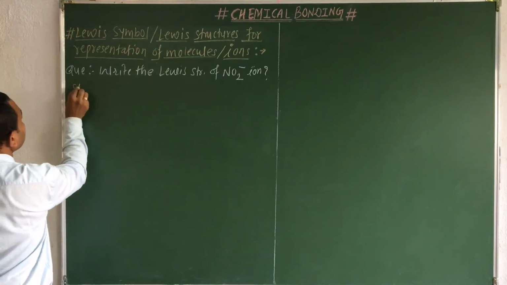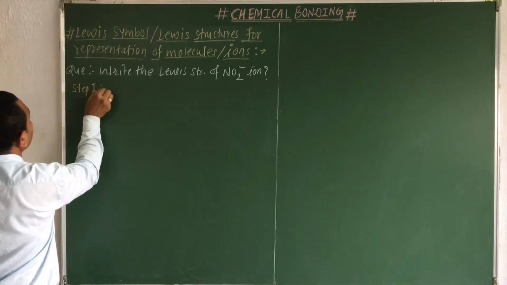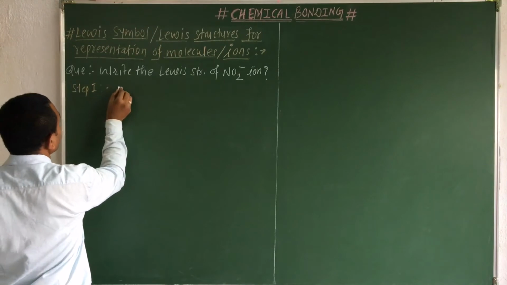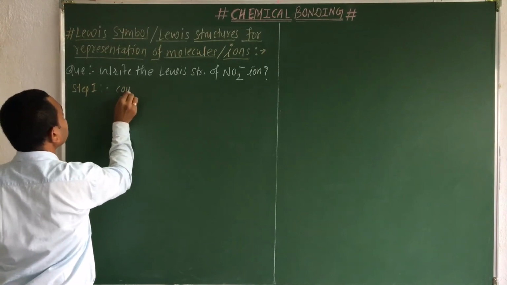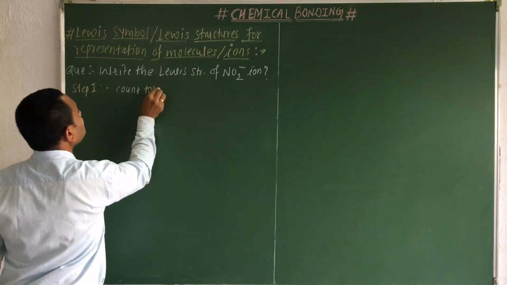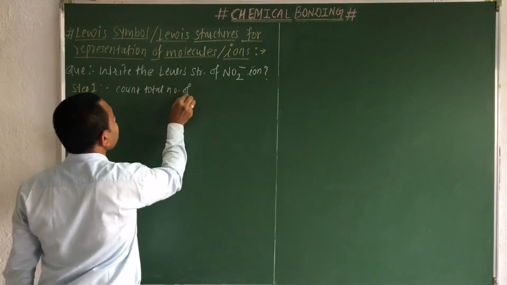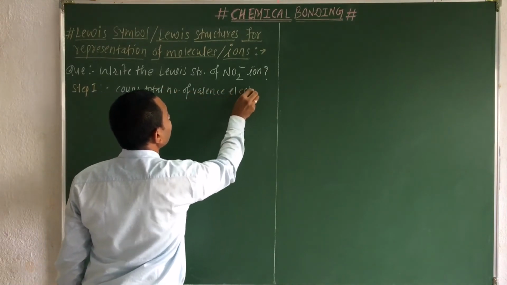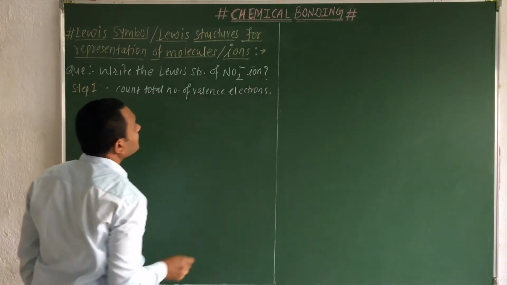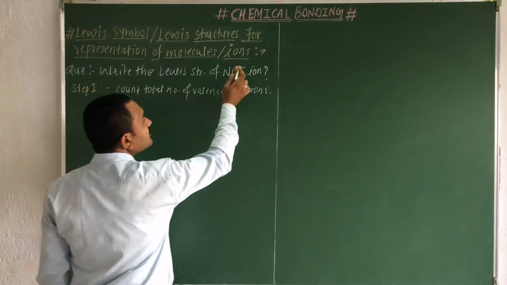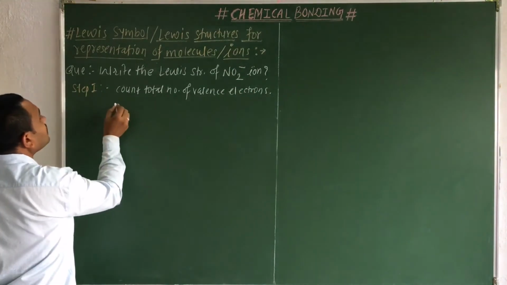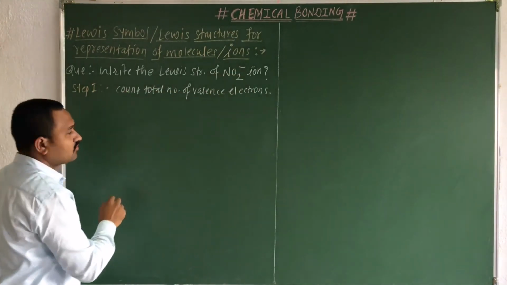In step first, we have to count the total number of valence electrons. And again you know that whenever there is a negative charge on any ion, we have to add 1 electron to it.